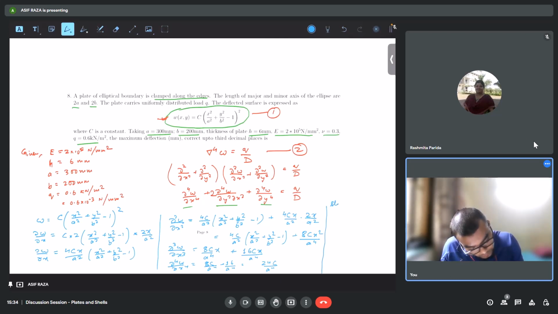Similarly, we can find dou 4 W by dou y to the power 4, that will give me 24c by b to the power 4.